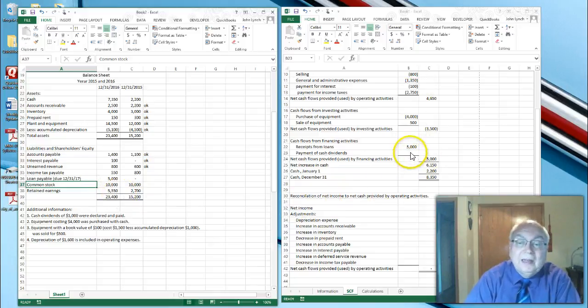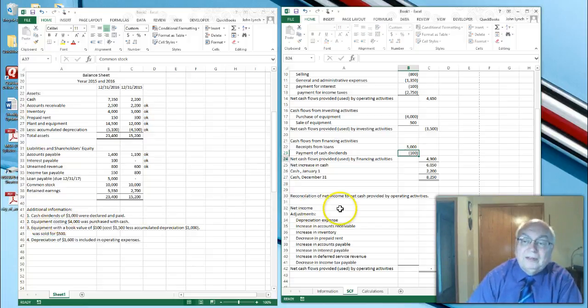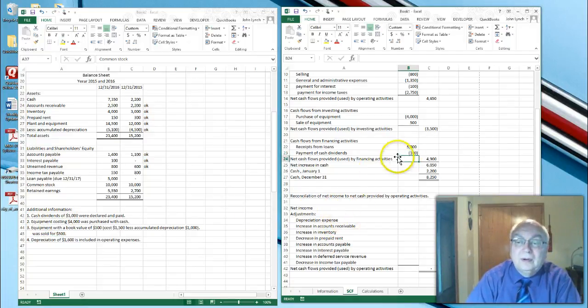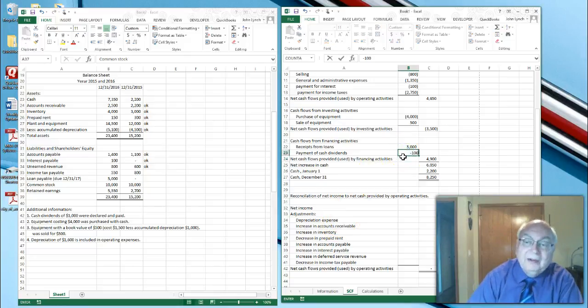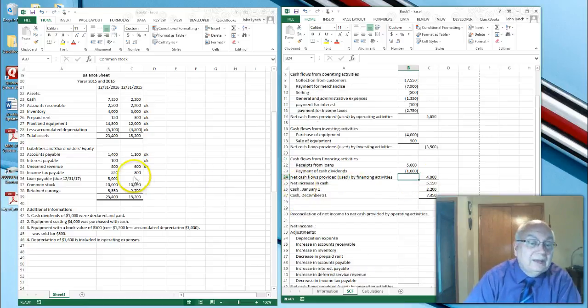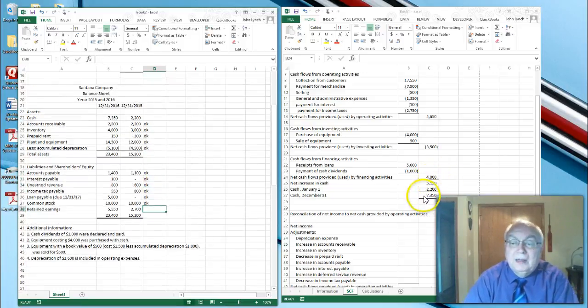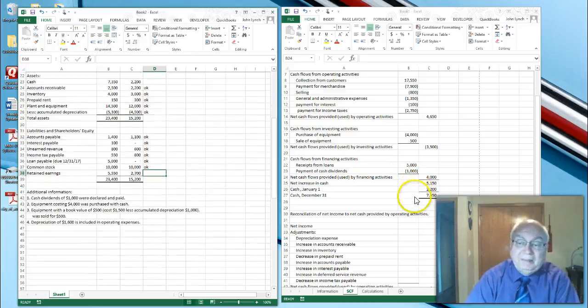It's due next year. In payment for dividends, it said cash dividends of $1,000 were paid. So that's $1,000, and I'll put 1,000 in, not 100. Okay, $1,000. Now over here, that one's accounted for, that's accounted for, and our cash, 2,200 was my beginning balance, 7,350 is my ending balance, so everybody's happy.